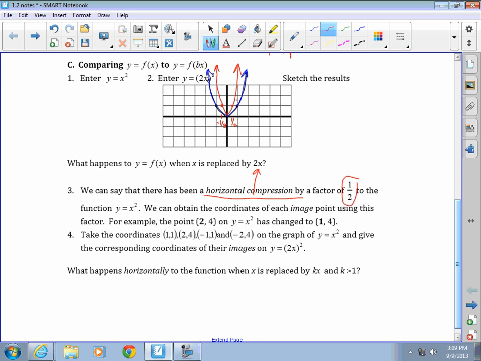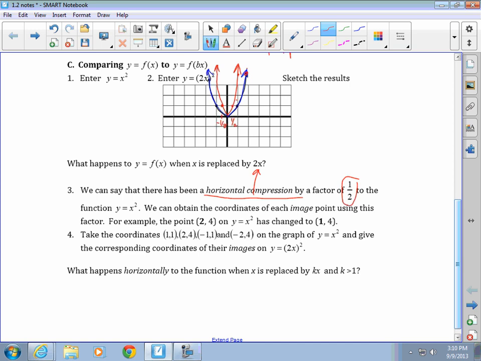So (2, 4) is about there, and on this graph it would be right there. All we've done is taken this 1/2 and applied it to that. So what you end up doing is multiplying: whatever this factor is, you multiply it to your x values.